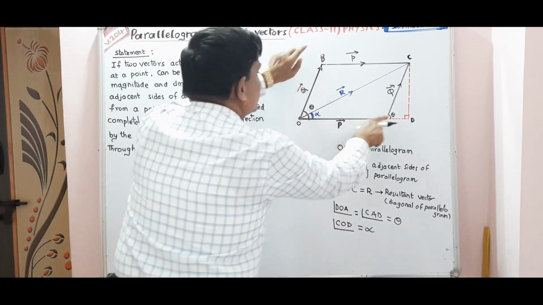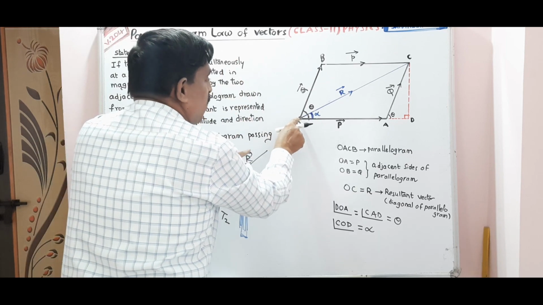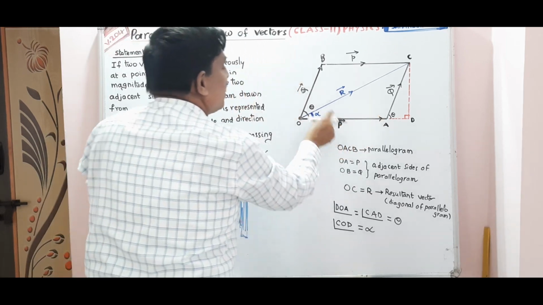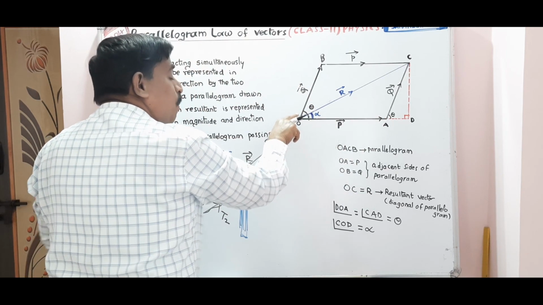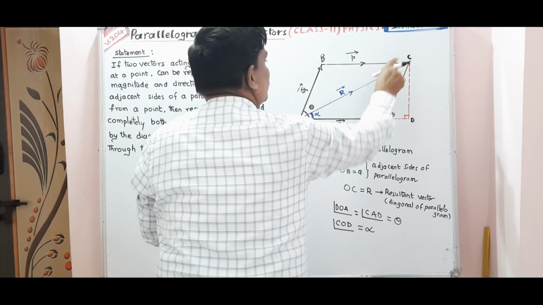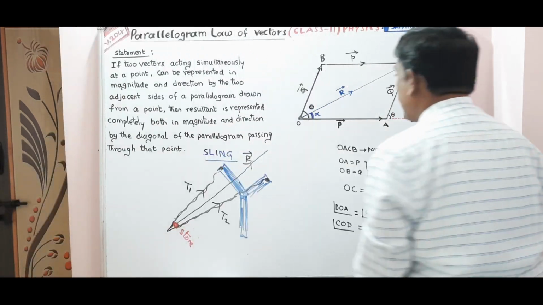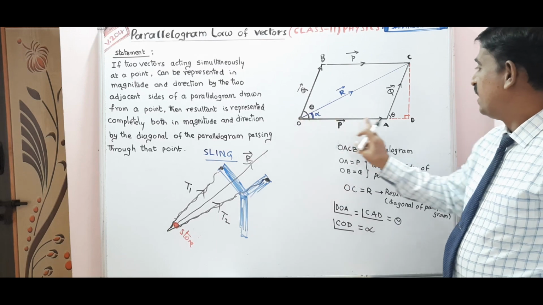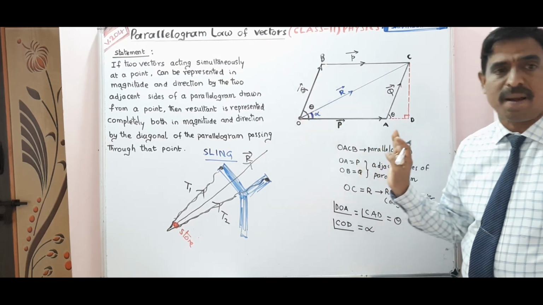Two vectors are acting at the same time from the same point. The resultant of these two is represented both in magnitude and direction by the diagonal passing through the same point. Now, in this diagram, OACB is a parallelogram.